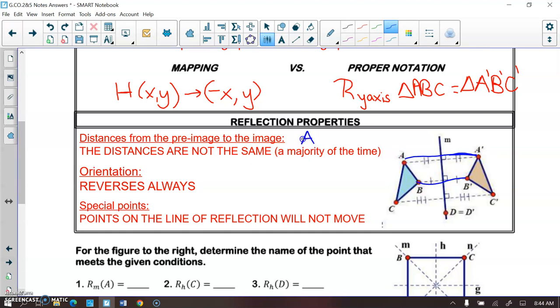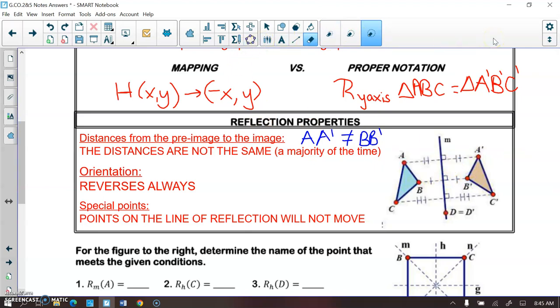So we're going to write that down: A to A prime does not equal B to B prime. Unlike in translations, where A to A prime, B to B prime, and C to C prime are all equal, in reflections the distances from the pre-image points to the image points are not equal. Now, since they're isometric, AB and A prime B prime would be equal, but that's an isometric property.